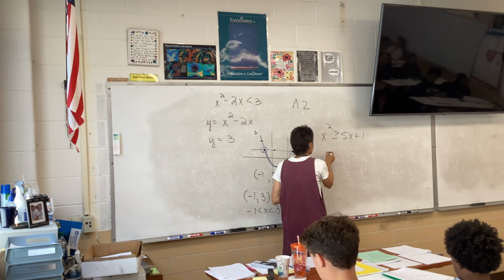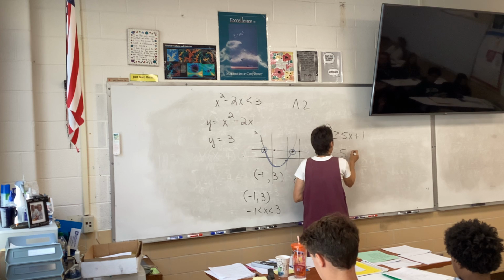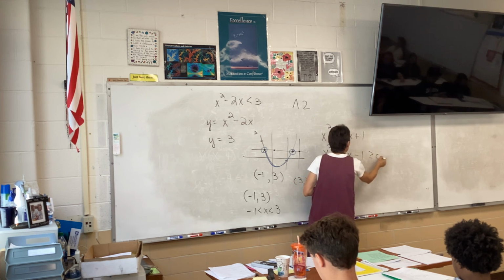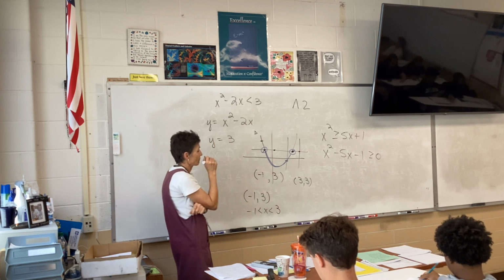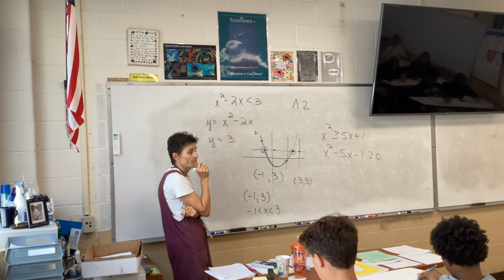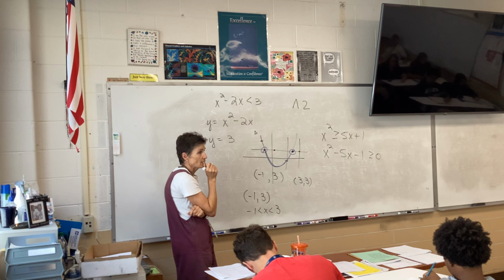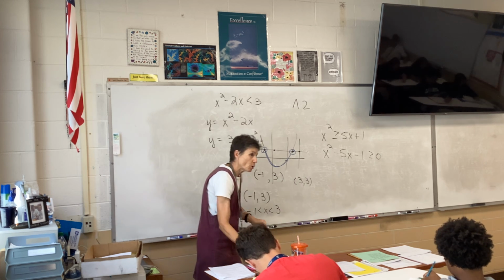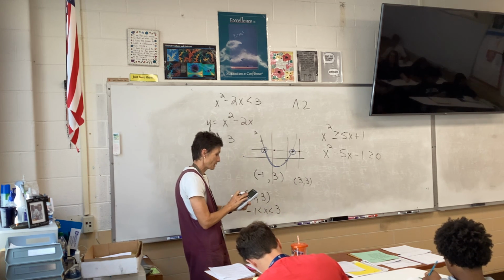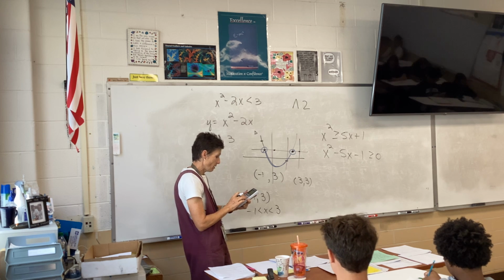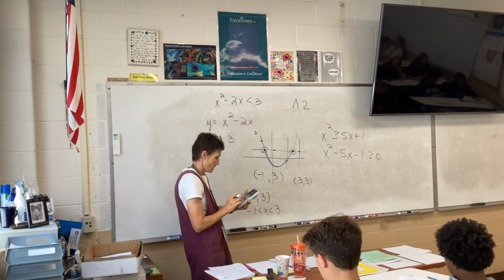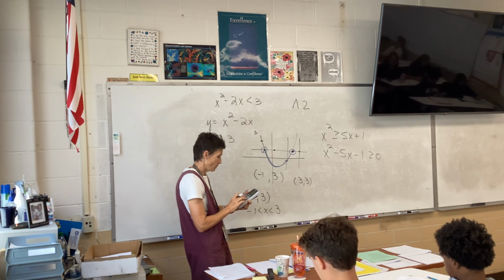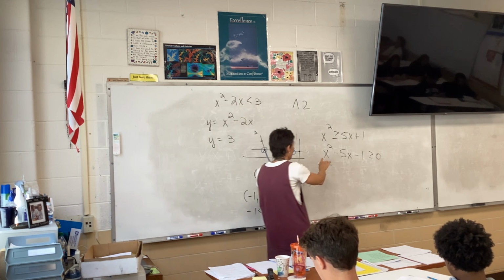Another strategy is, let's go ahead and set this thing equal to 0. So move the 5x, move the 1. Then I'm gonna go to my calculator. I'm gonna clear out the equations that I just put in, and now I'm gonna put in one equation.